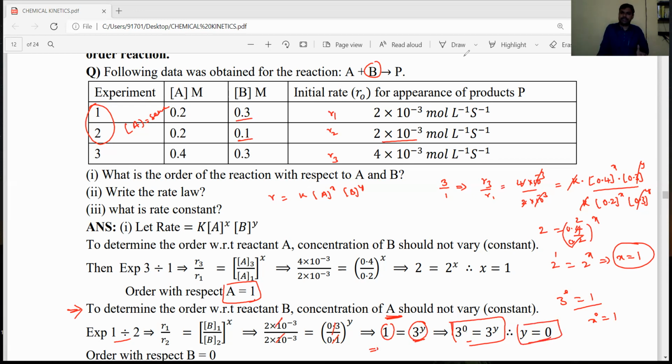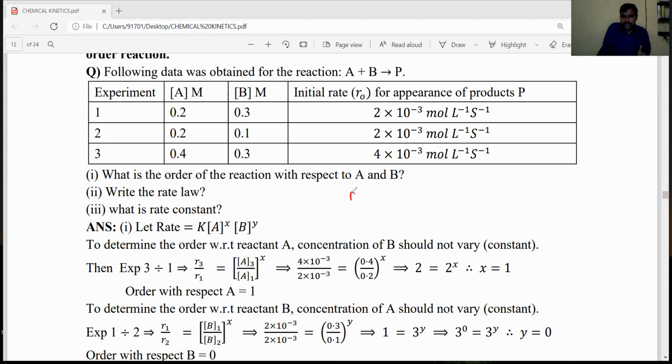The rate expression is K into A power X into B power Y, where X is equal to 1 by using the above data, and Y is equal to 0. So the first question they asked, what is the order of the reaction with respect to A and B? The order with respect to A is equal to 1, and the order with respect to B is equal to 0.